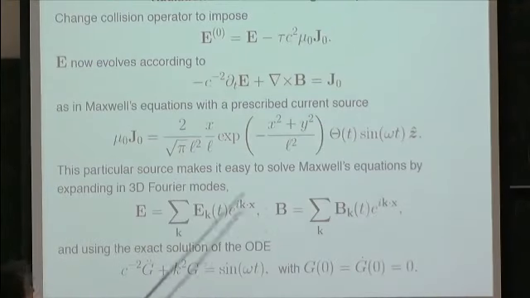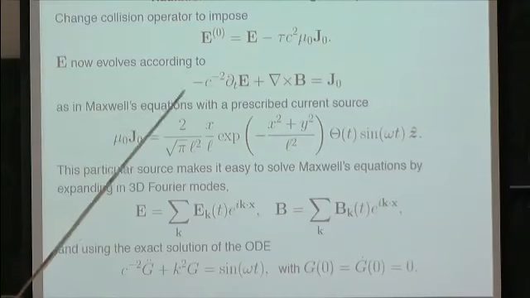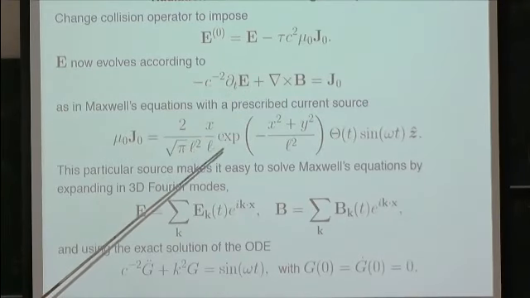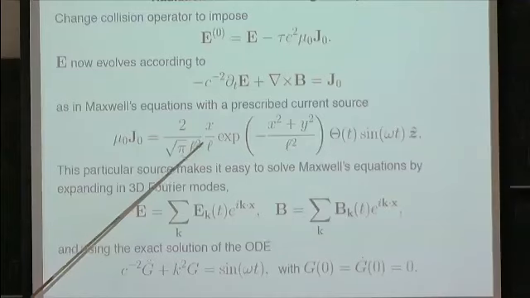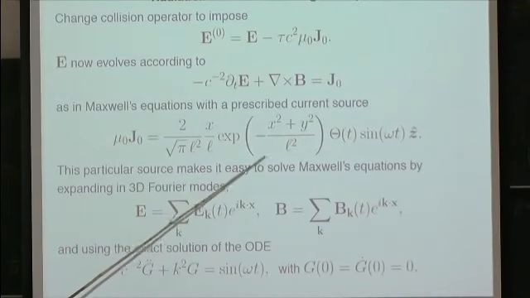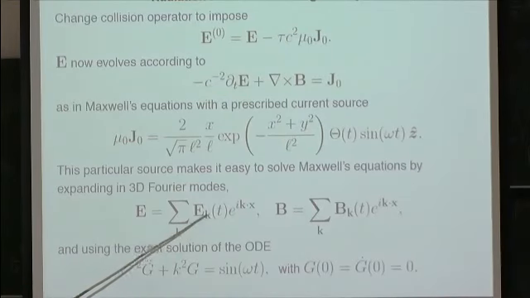And I test that by putting in a current distribution that looks like this, a Gaussian made antisymmetric, which switches on at t equals 0 and then oscillates. The reason for choosing this particular form is that it's then easy to get a spectral solution of Maxwell's equations, because you can just write ODEs for these and the solution in terms of this ODE. So I've got the movies.